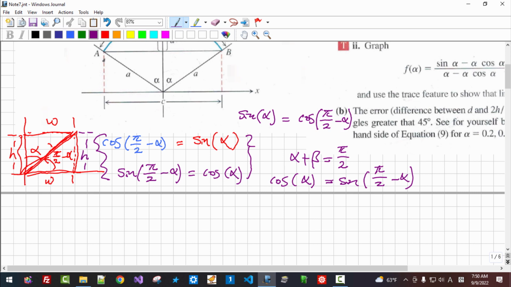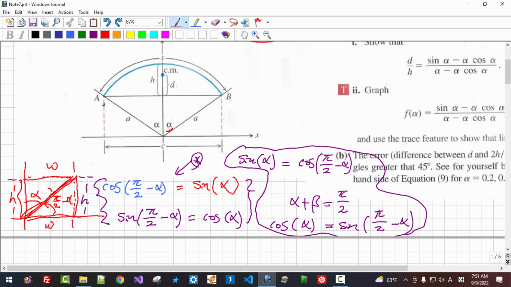We have to memorize these as well as these. With such information, this is alpha. So this is pi over 2 minus alpha.